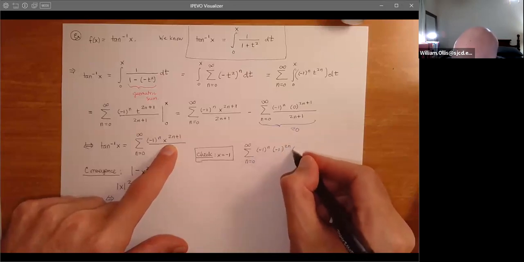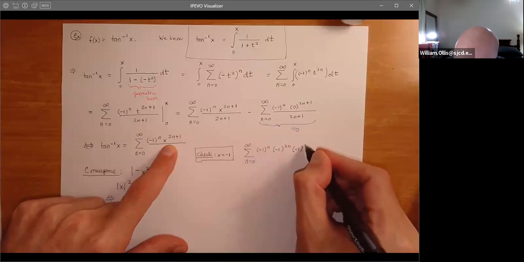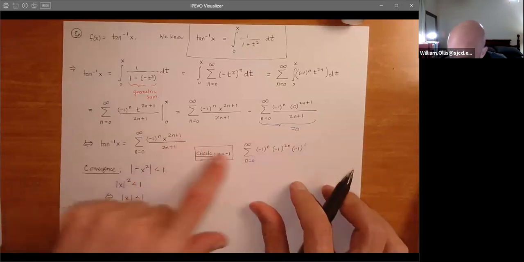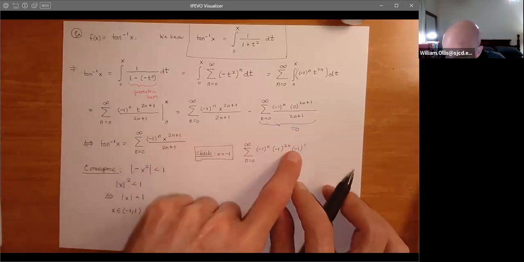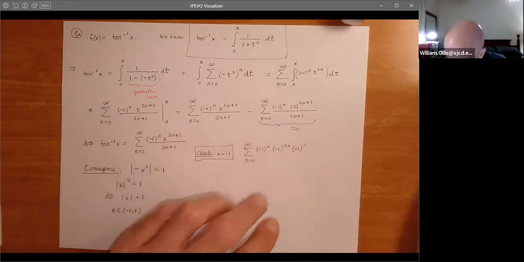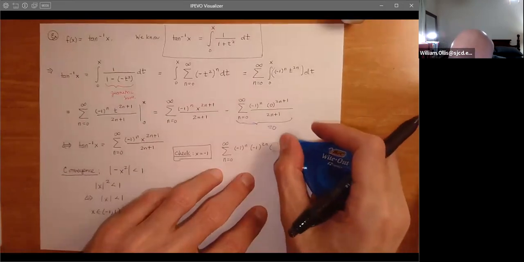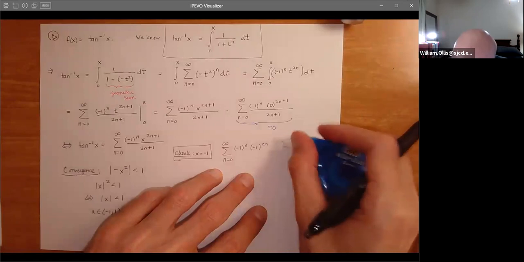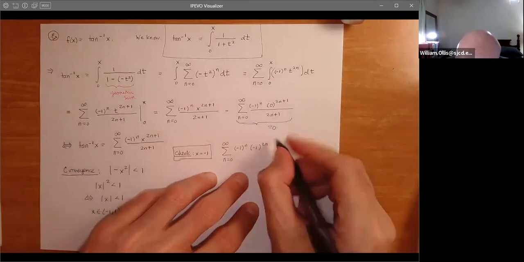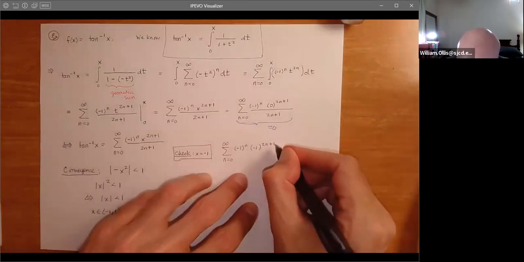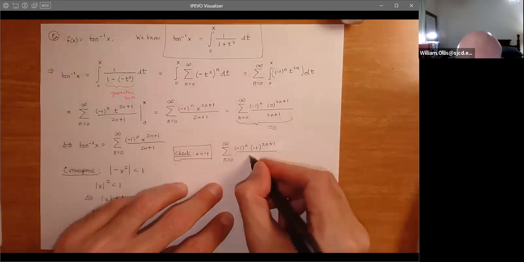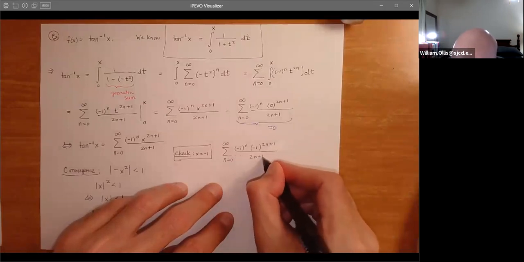I'm just going to go ahead and write the -1 to the 1 here. But I don't think that's going to help me, so let me just leave it where it is. We'll just do plus a 1, no need to do that. And then we have 2n plus 1.